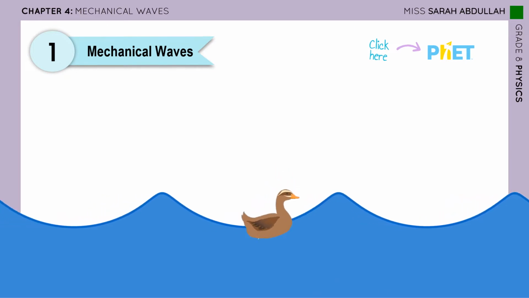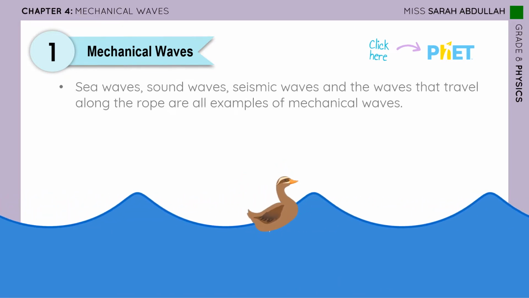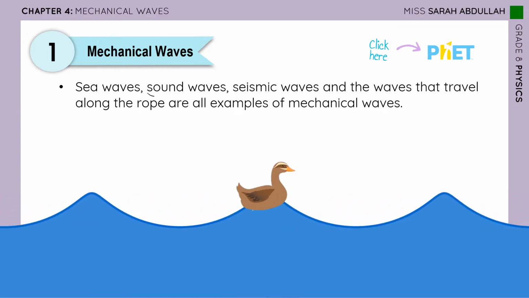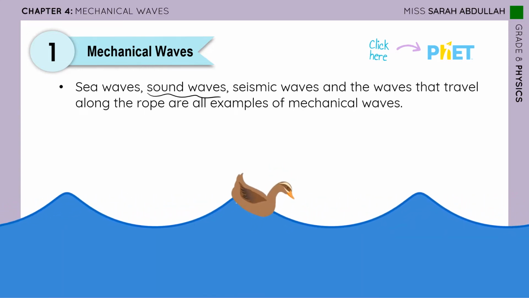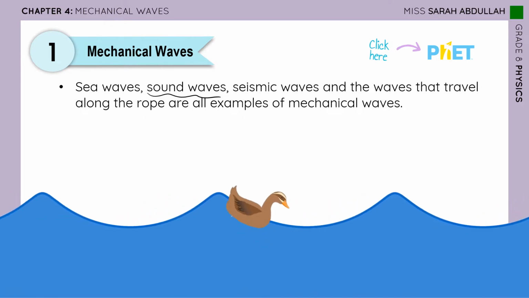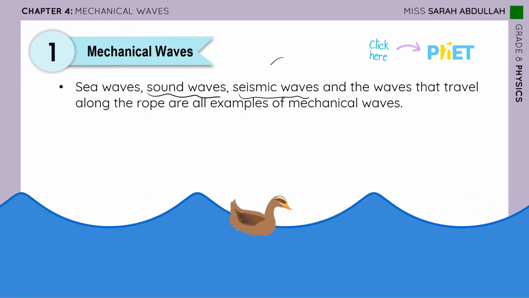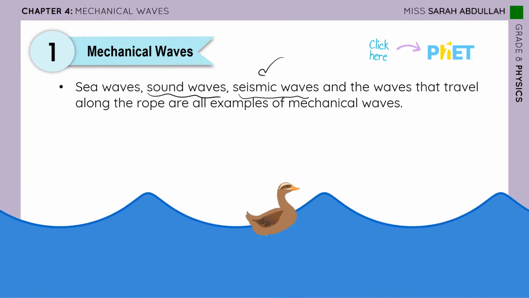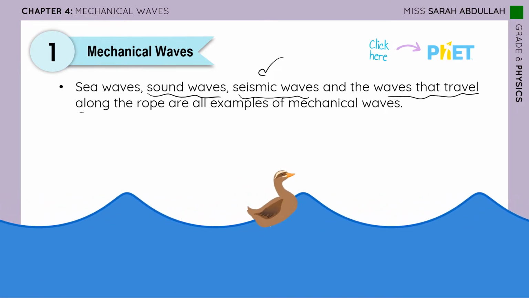Now, of course, we have other mechanical waves besides sea waves. Sound waves, we're going to explain this in the next chapter. Seismic waves, which are the waves that happen due to earthquakes, and the waves that travel along the rope.